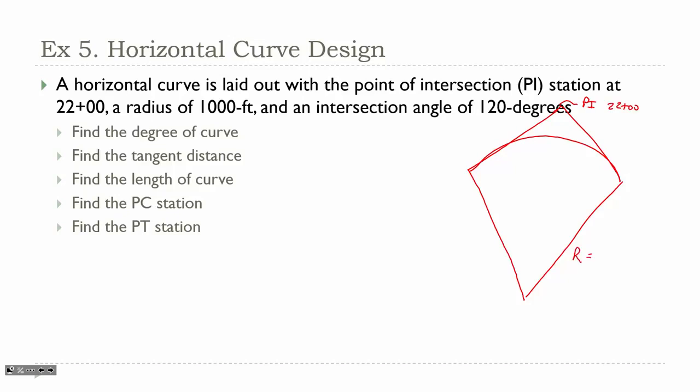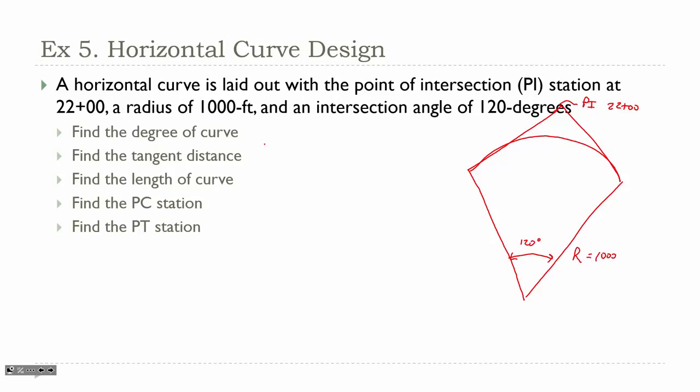We have a radius of 1,000. And the intersection angle, where is that? Yeah, it's up the top. It's also down here. Obviously this isn't drawn to scale. So this would be 120 degrees.